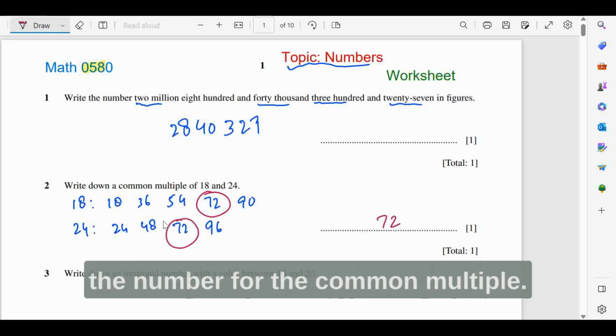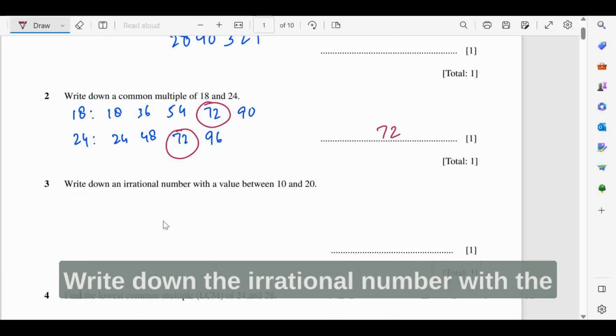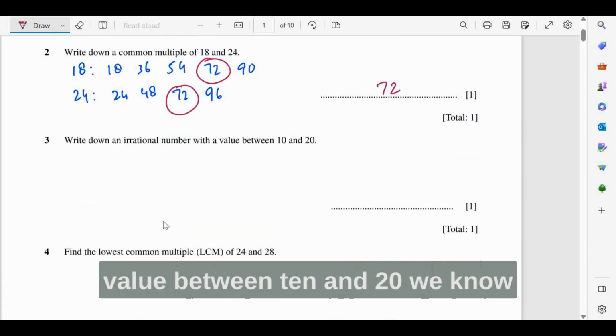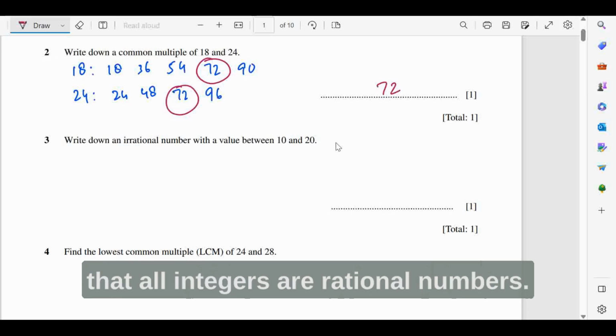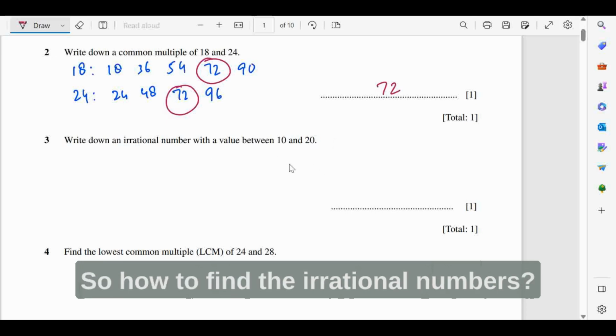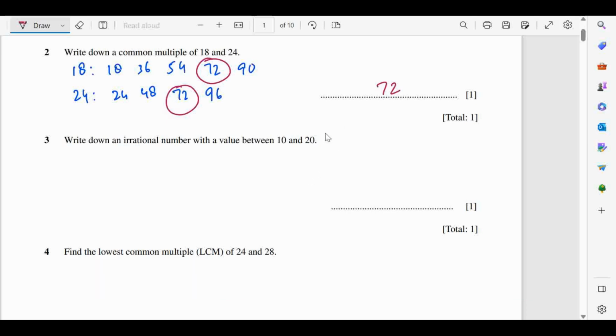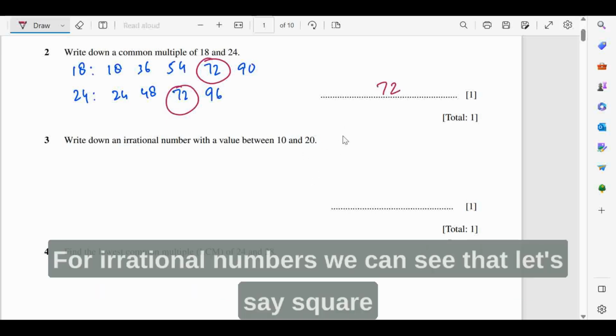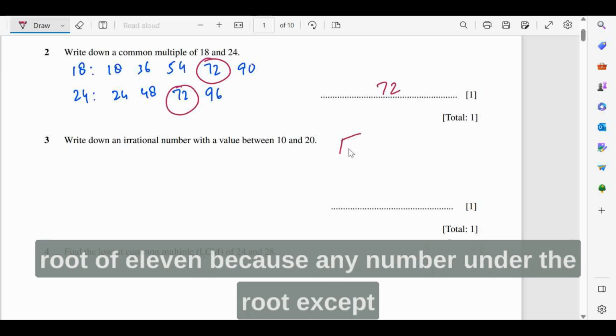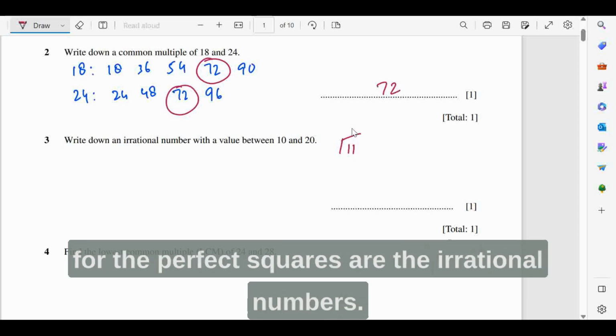You can write any of the numbers for the common multiple. Write down the irrational number with the value between 10 and 20. We know that all the integers are rational numbers. So how to find the irrational numbers? For irrational numbers, let's say square root of 11, because any number under the root except for the perfect squares is an irrational number.